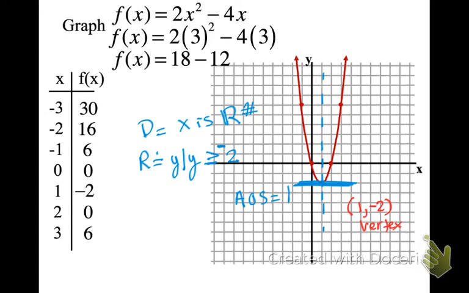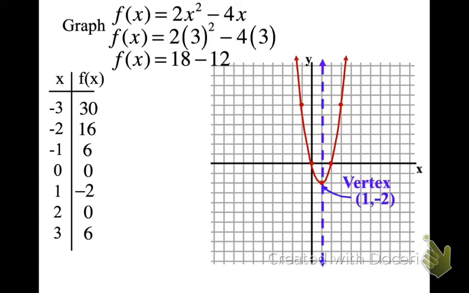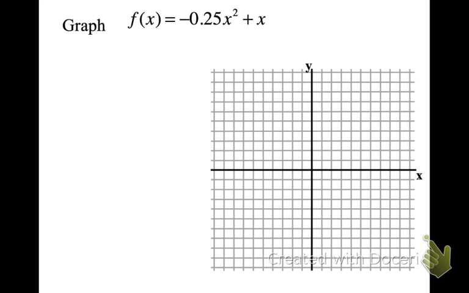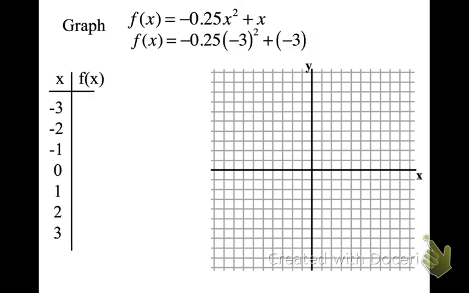All right. I've got one more I want to show you. All right, what happens if we have the decimal? Again, remember, decimals and fractions are going to make it really wide. And then we've got our negative, which is going to flip it upside down. So when you get a point like this, you might not be able to graph it exactly.